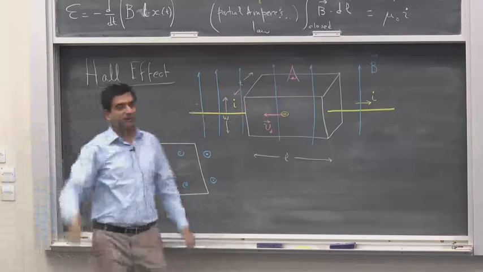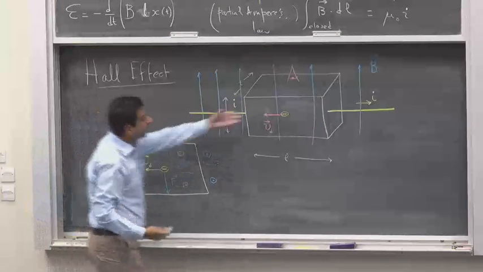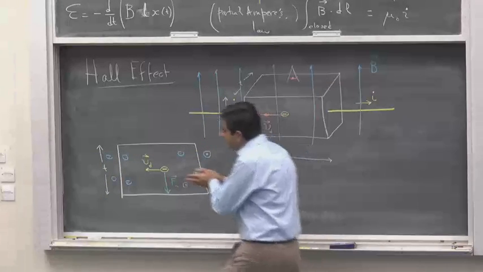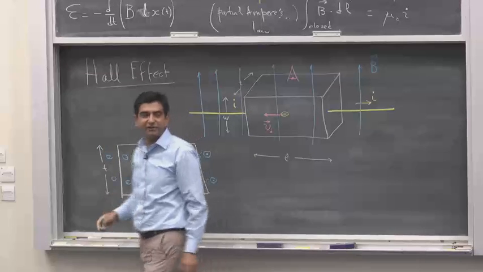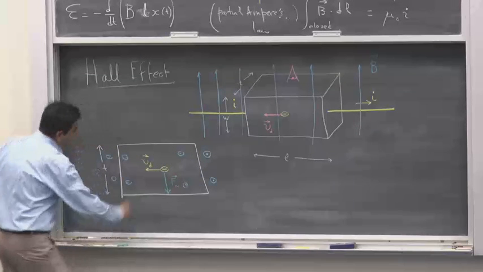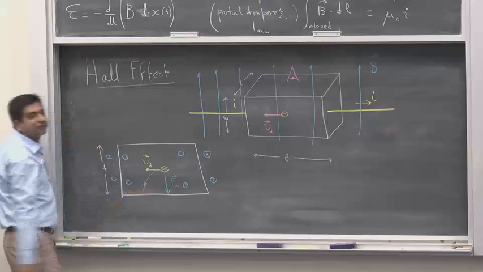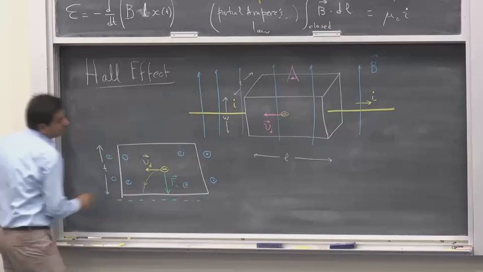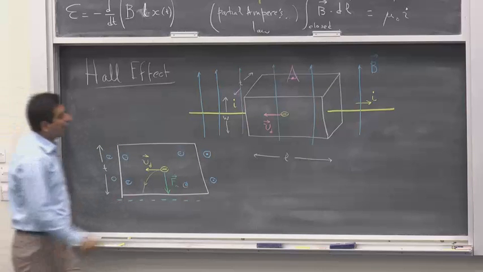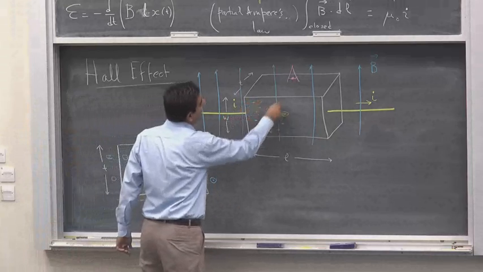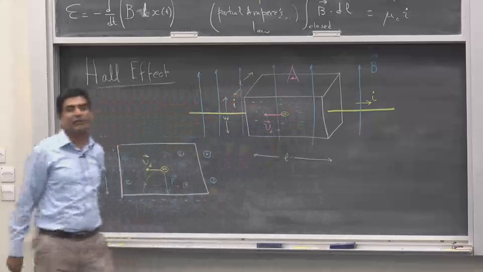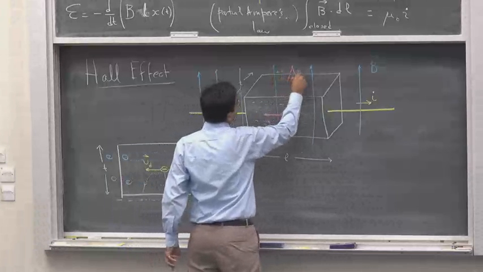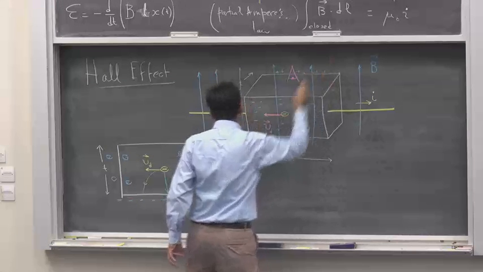So this side, the side that faces us, develops a negative charge because the electrons, as they are drifting from left to right, they are spiraling downwards under the action of this magnetic force. So this electron will actually move downwards under the action of this force. So this surface that's facing us will develop a negative charge. But the other side will be depleted of negative charge, so it will develop a positive charge. So at the back we develop a positive charge.